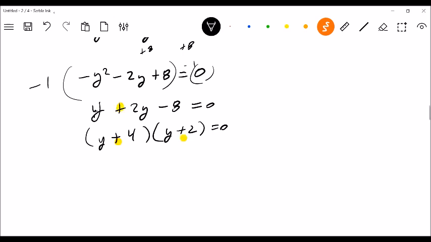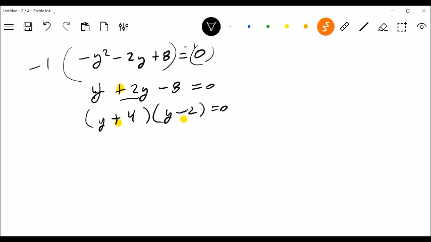I'm going to have to make this plus, and the other one minus, because now when I add them, I get a positive 2, but I still get the negative 8. Okay. So y plus 4 equals 0, y minus 2 equals 0. So our solution set, y is equal to a negative 4 and a positive 2.